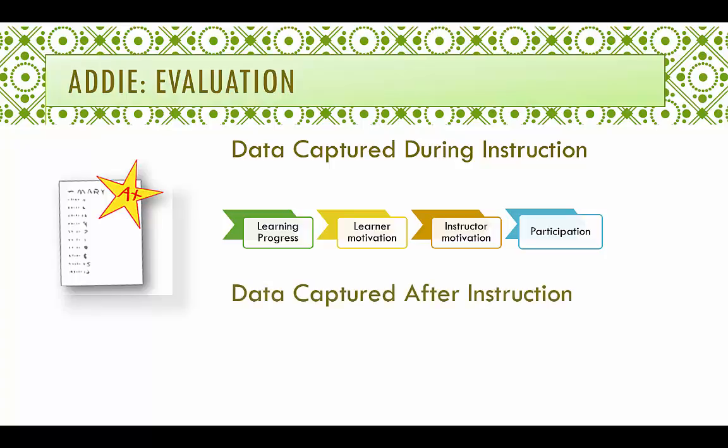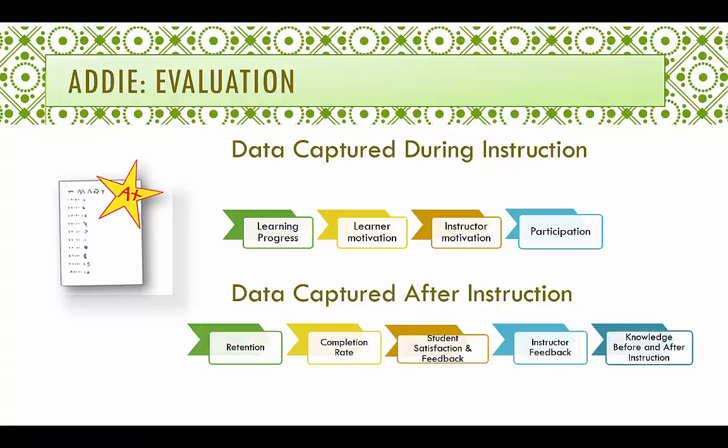After the lesson or module is delivered, we capture information such as retention and completion rate, student satisfaction and feedback, instructor feedback and suggestions, and we measure what students knew before and after instruction in relationship to the performance objectives.